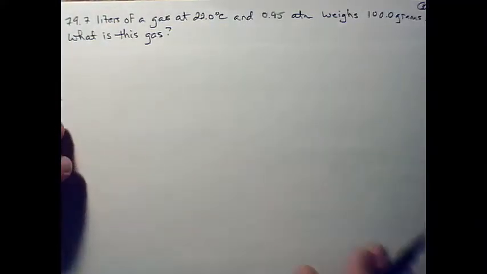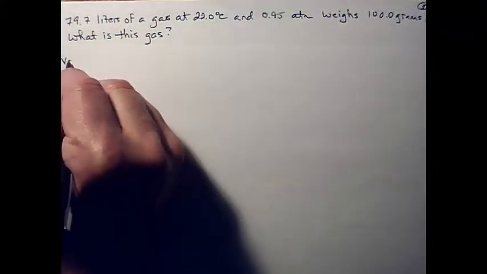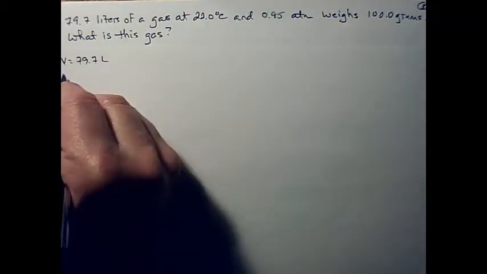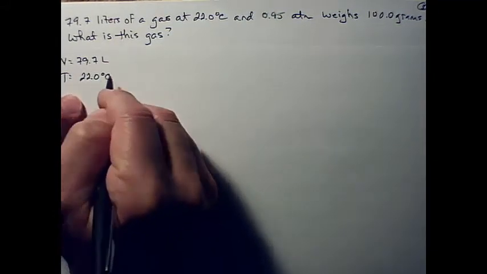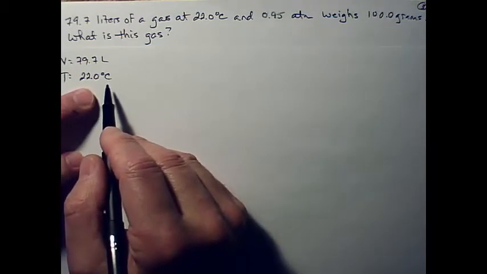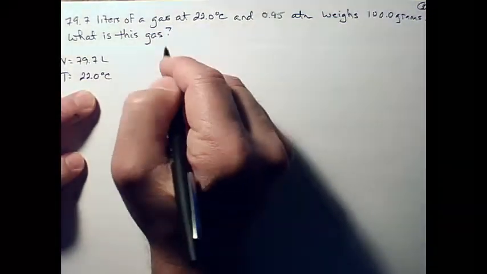So, let's look at what we got here. We've got a volume of 79.7 liters. We've got a temperature of 22.0 degrees C. Bells and whistles should be going off because you should know that you can't use temperature in degrees C when you're doing gas laws, so we have to convert it to Kelvin.